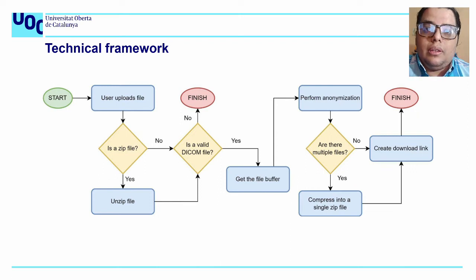For each of these DICOM files, we get the buffer, and with that buffer we perform the anonymization. And the final step is that if we have multiple images and we want to download all of them, we create a new zip file and download just that file.